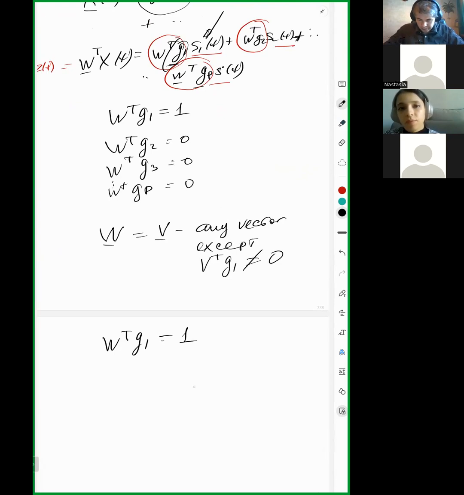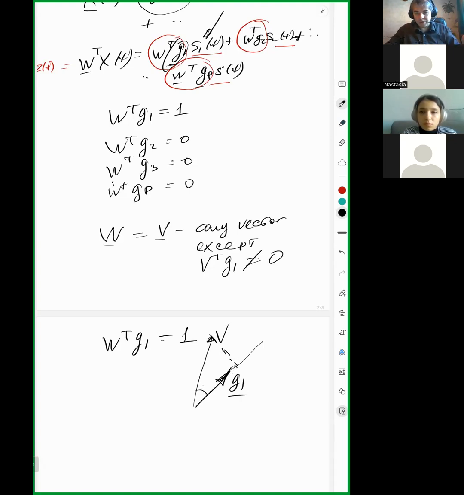Because again, let's say this is already abstract space. This is your vector G1, and this is your vector V. In this case, V projects on G1 with this value, and W transpose G1 is simply the norm of this multiplied by the norm of this multiplied by the cosine of the angle between the two.